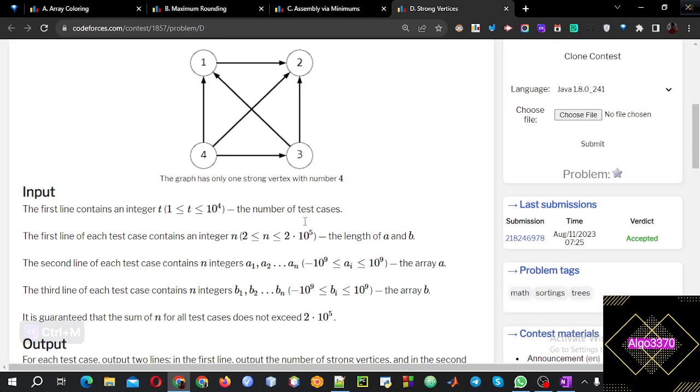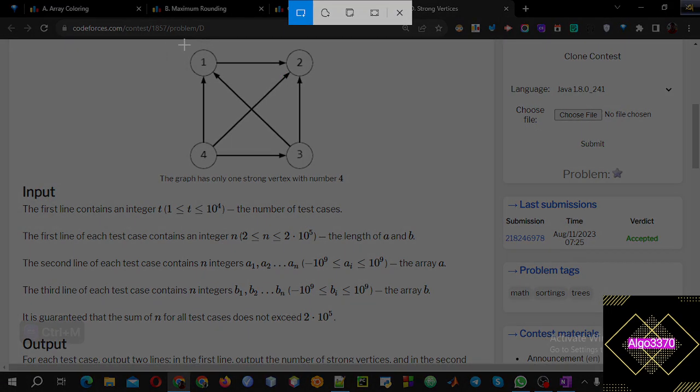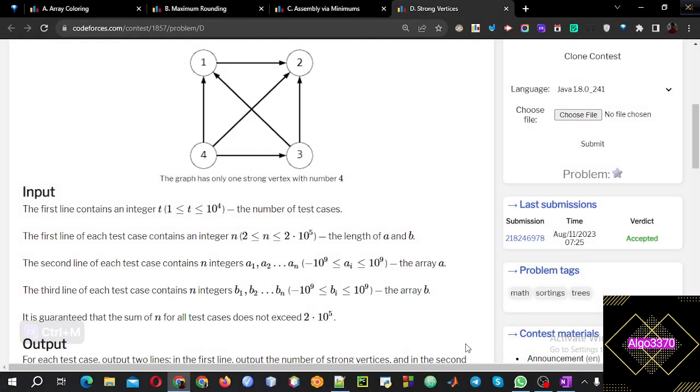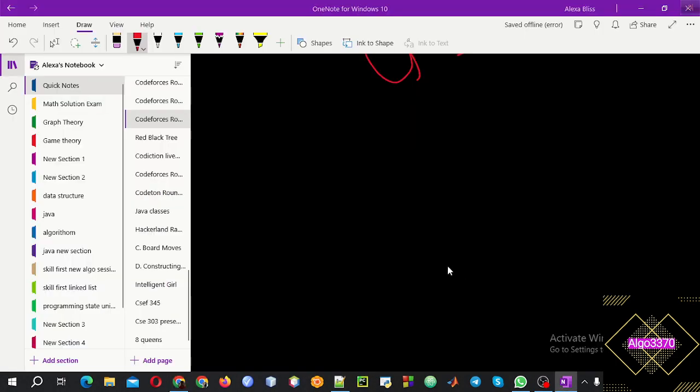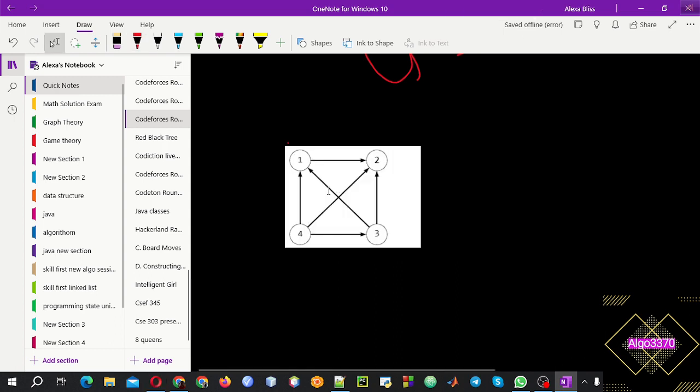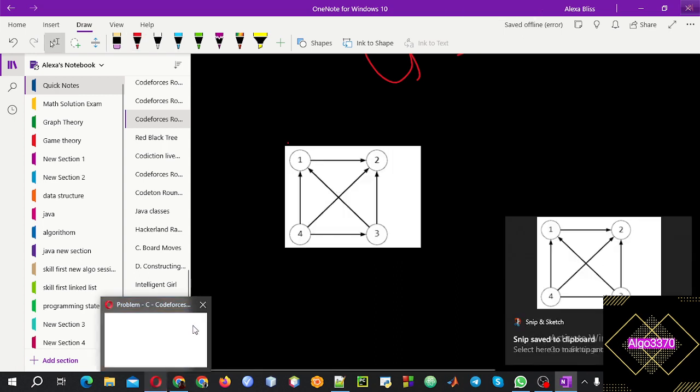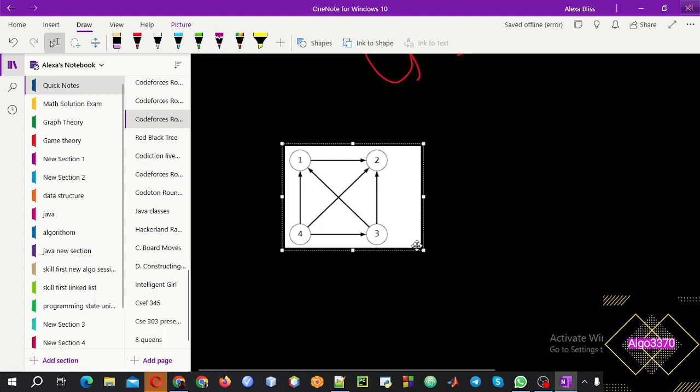If we pick the first example, this is our built graph from the given 2 arrays A and B. How many strong vertices does it have?